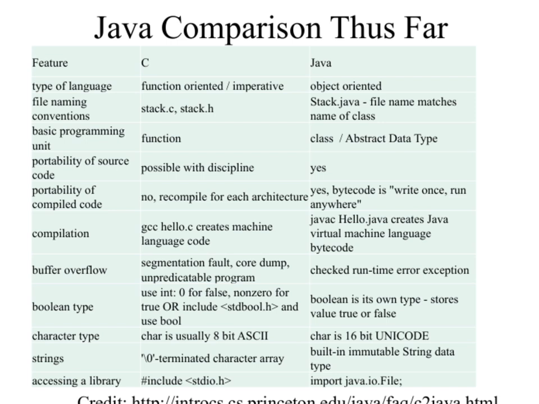Java's char is 16 bits, supporting Unicode, which allows for internationalization and a broader set of characters. When it comes to strings, C uses null-terminated character arrays, which can be tricky to manage. Java offers a built-in, immutable string data type that simplifies string handling and manipulation.